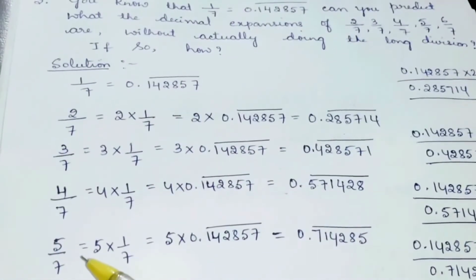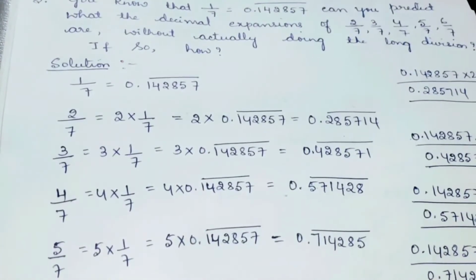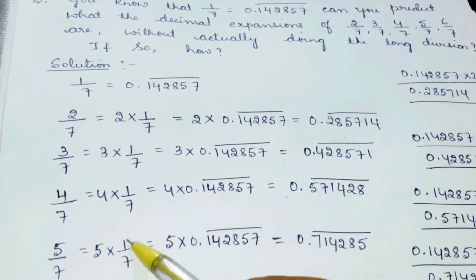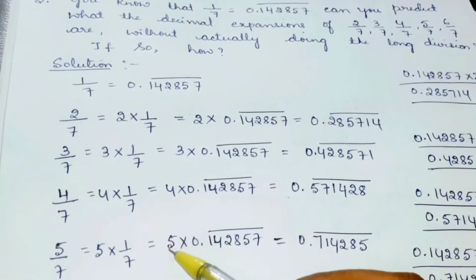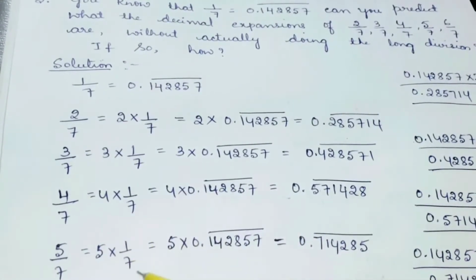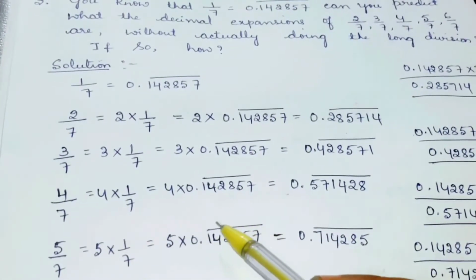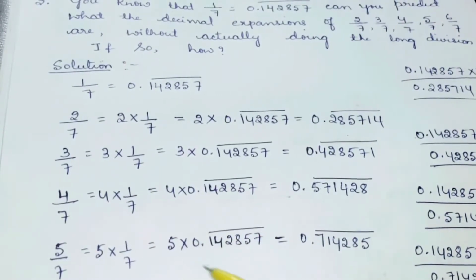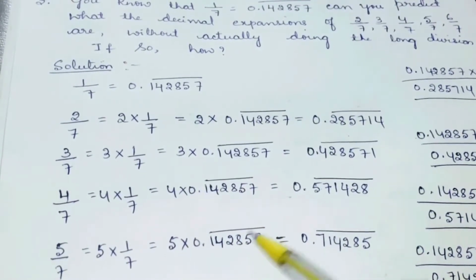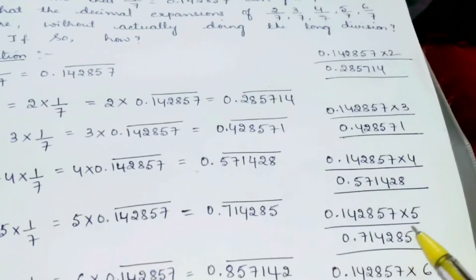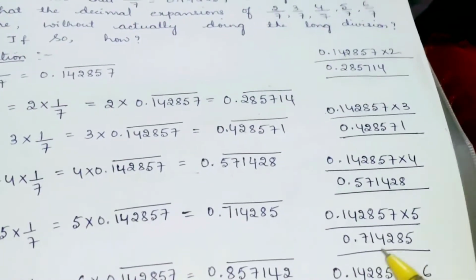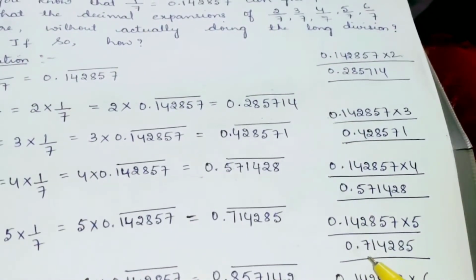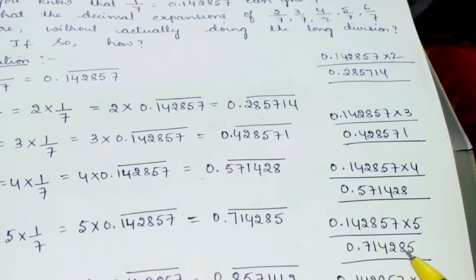Again, continue the same procedure: 5 by 7 can be written as 5 into 1 by 7. Retain this 5 as it is. Instead of 1 by 7, substitute the value of 1 by 7 that is given already and do the multiplication as before. Then you will get the answer 0.714285.